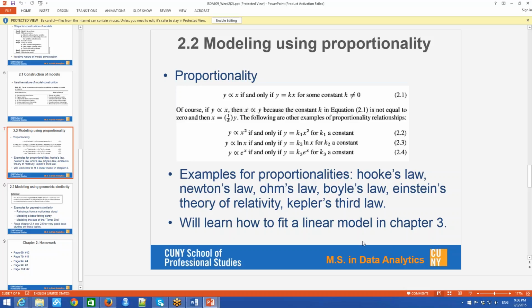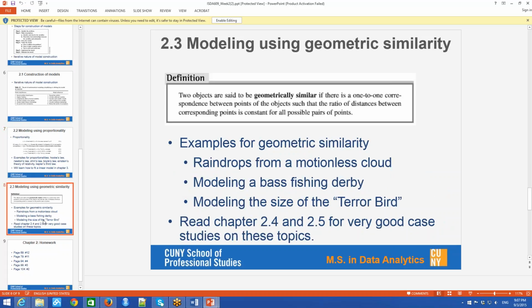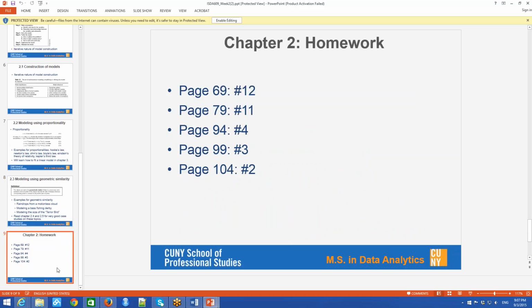You have probably already studied a little bit here and there about linear regression, but in this course, we'll have a more detailed understanding of how you can derive that linear regression equation. And we can also model geometric similarity. See here, chapters 2.4 and 2.5 have very good case studies on these topics. Definitely try to read those.